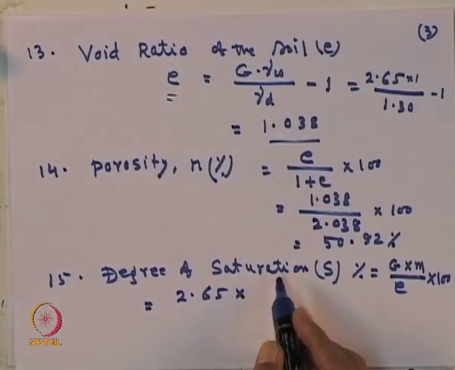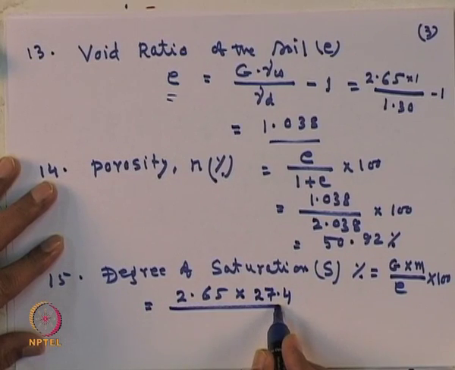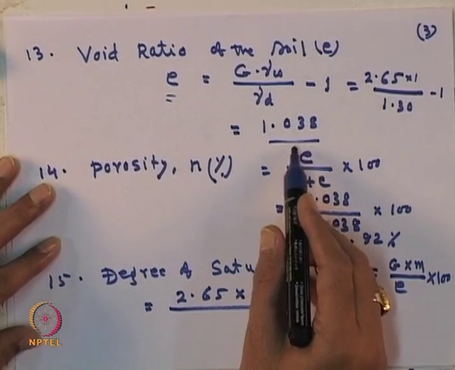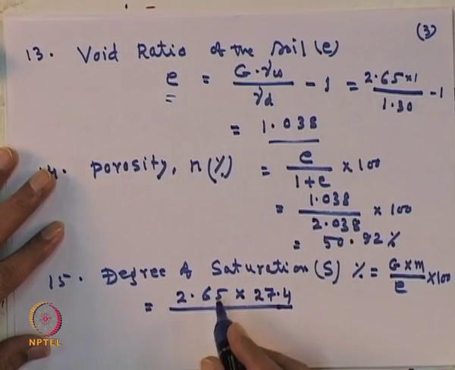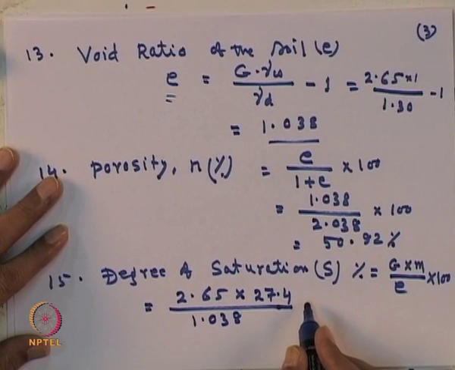So, you can write 2.65 into 27.4, divided by e, where e is 1.038, into 100.